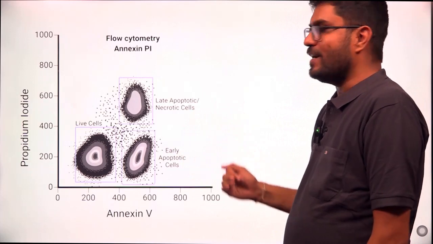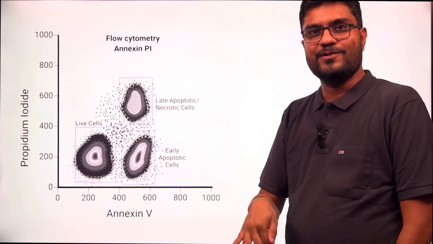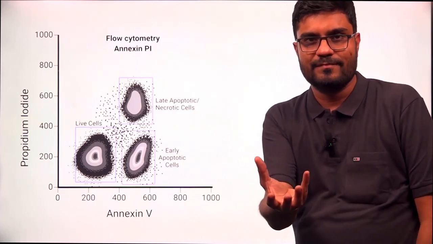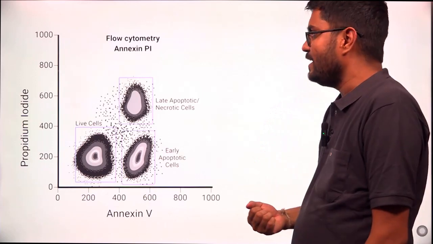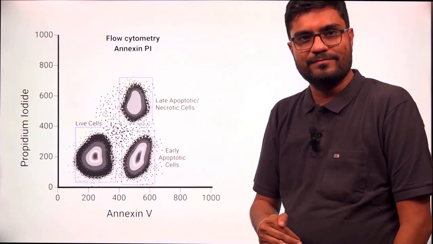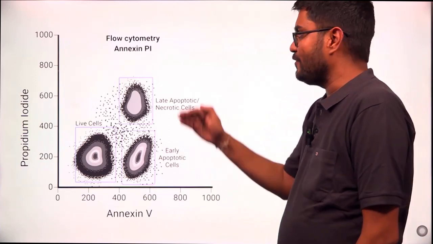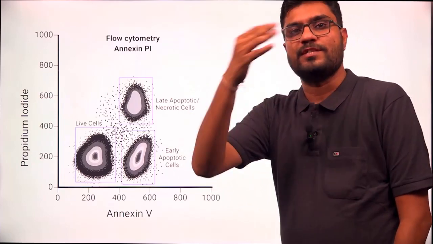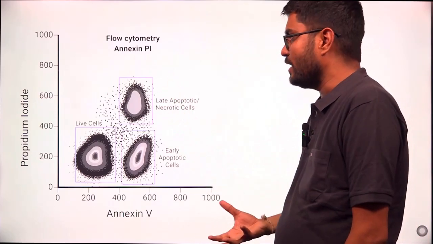So Annexin-5 can go inside the cell also and bind to phosphatidylserine, as well as bind to cells which have phosphatidylserine on the outer side, exposed to the outer environment.